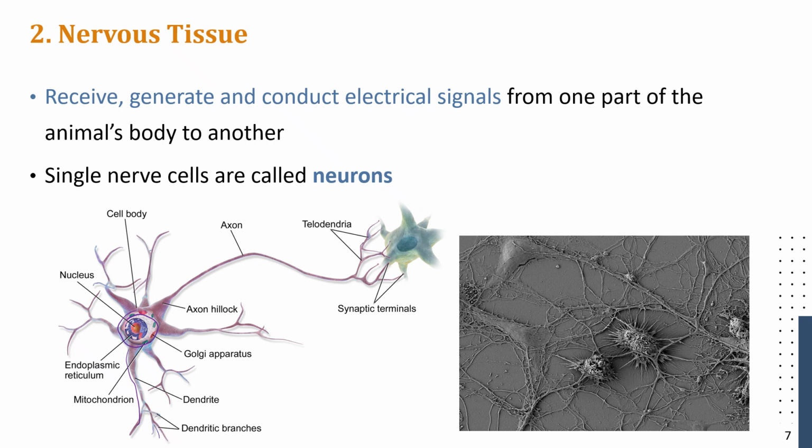So dendrites are the part of the nerve cell that's going to receive the stimuli. And then there is a long, almost like an arm that comes off of the main body of the nerve called an axon. And that axon is going to be what passes the signal from one nerve cell to another.